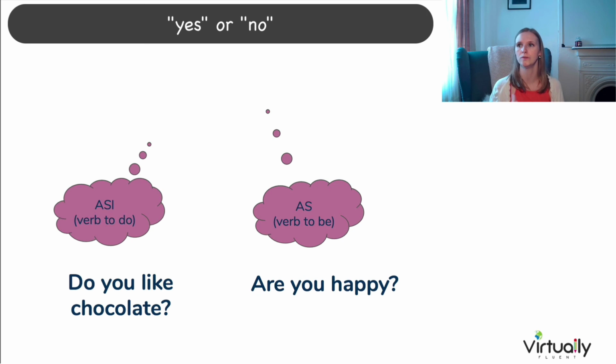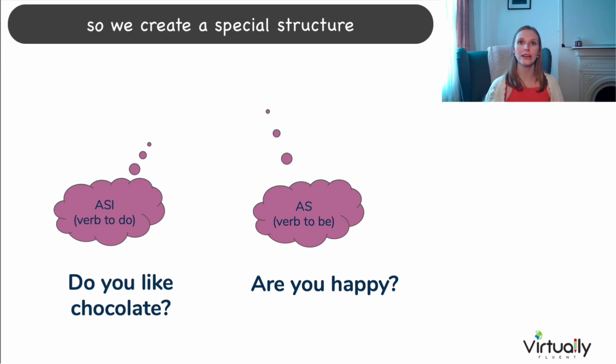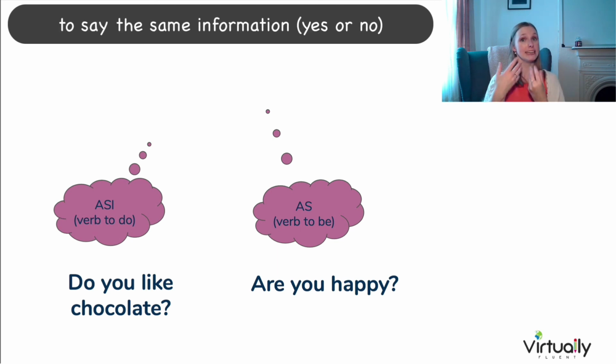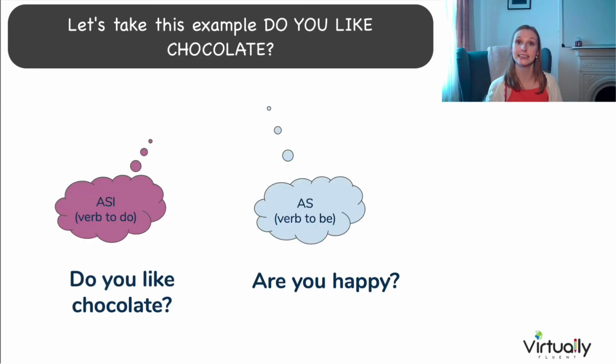Yes or no. It's very basic, very simple, and sometimes a little bit rude. So we create a special structure to say the same information, yes or no, but in a nice and polite way.